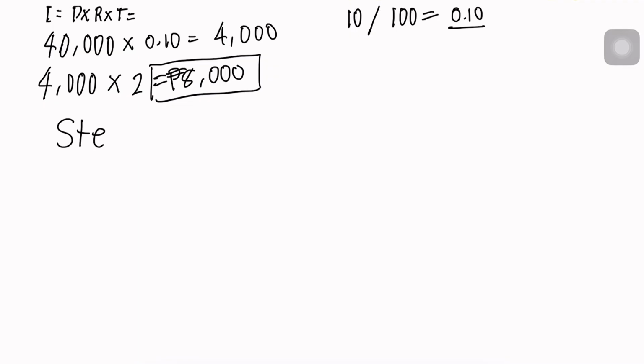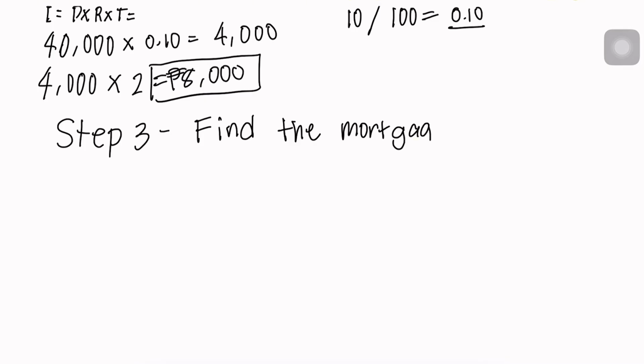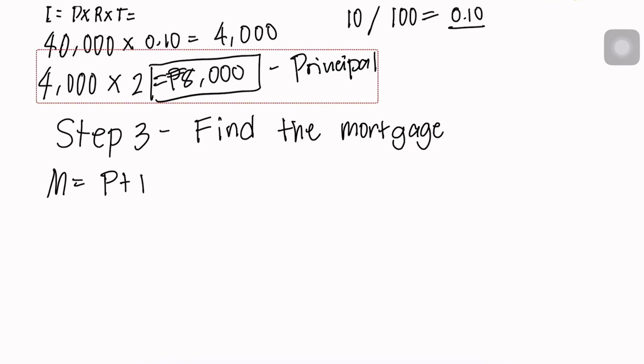Now let's move on to our step 3, which is finding the mortgage. So how do we find mortgage? Finding the mortgage, we need P plus I. So we need that formula.